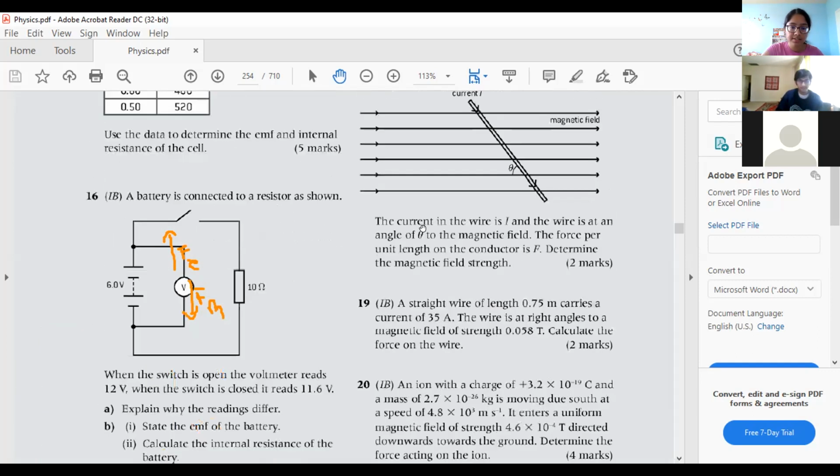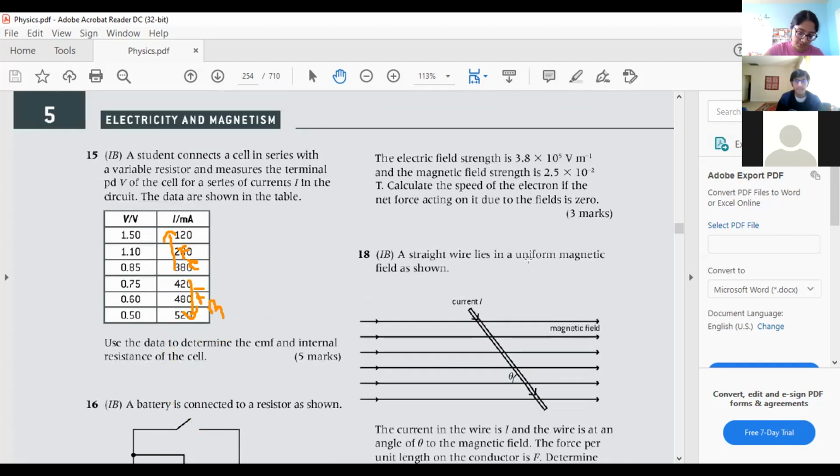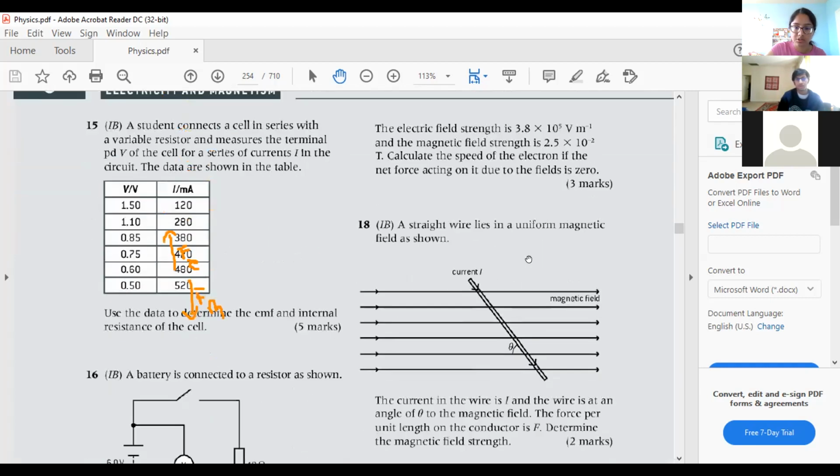I think we basically just set the two equations equal to each other. Yes. So the electric force is E times Q, and then the magnetic force is QVB sin 0. We know it's just an electron, so we can just put that in. Okay, I think we just have to solve it.